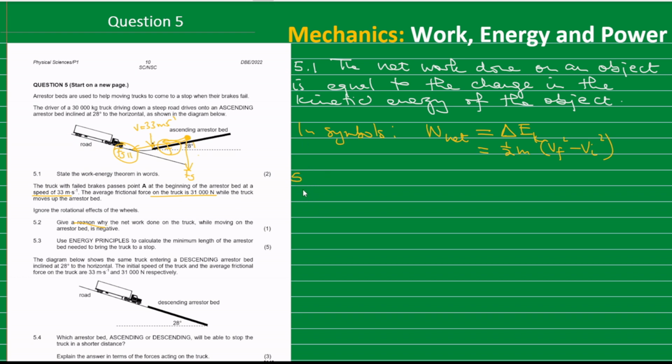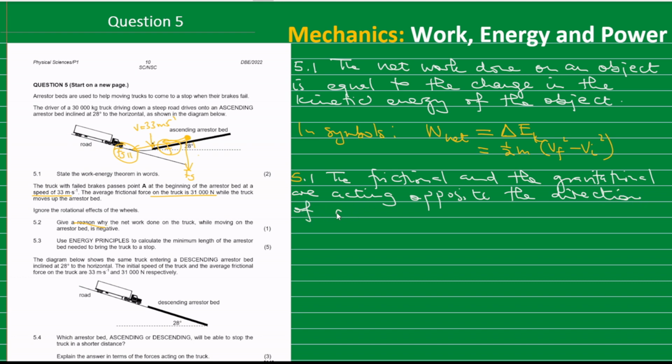So we are going to give our answer as the reason being that the frictional force and the gravitational force are acting opposite the direction of displacement, which is our delta x.